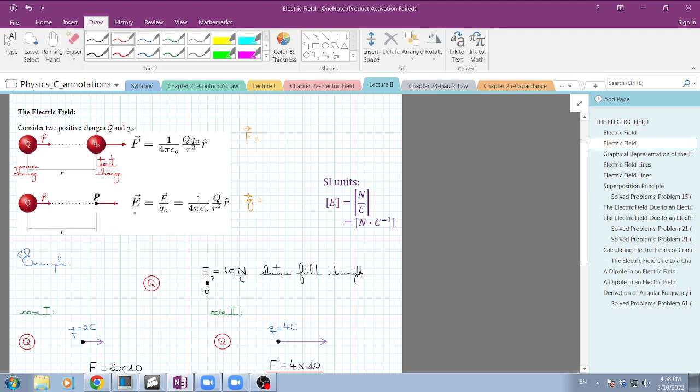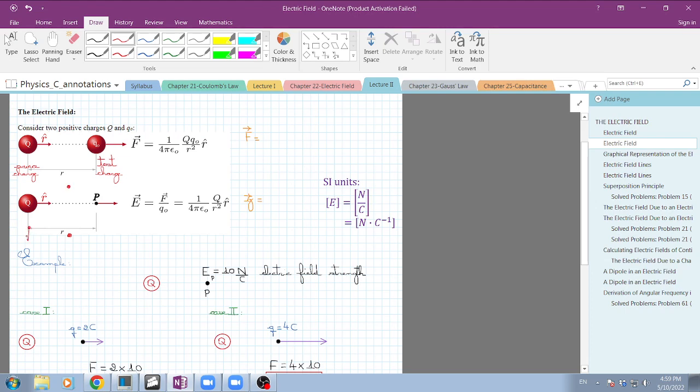And the way it modifies is through what we call the electric field. The electric field is the amount of electric force per unit of charge at that particular point in space. Of course, here I put only one direction, but this is valid for every single point in space.